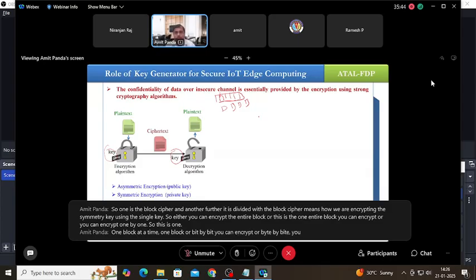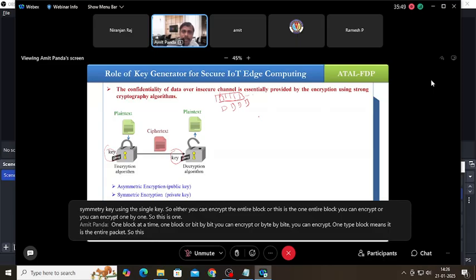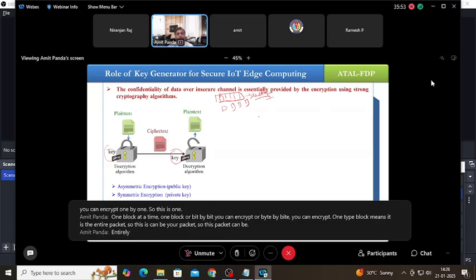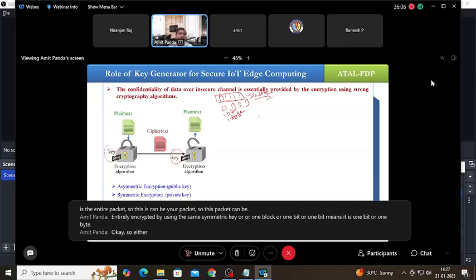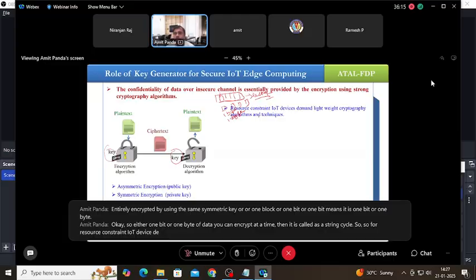One entire block means the entire packet, which can be entirely encrypted using the same symmetric key. If you encrypt one bit or one byte of data at a time, then it is called a stream cipher.